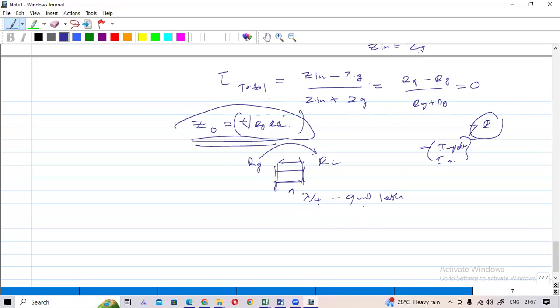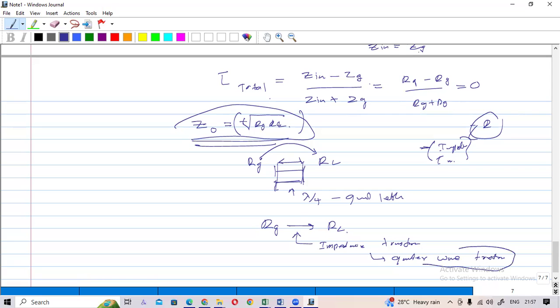So what you have done is mapped a real source impedance into a real load impedance using the transmission line. That is what we normally refer to as an impedance transformer, and since you selected lambda by 4, it is normally referred to as a quarter wave transformer.